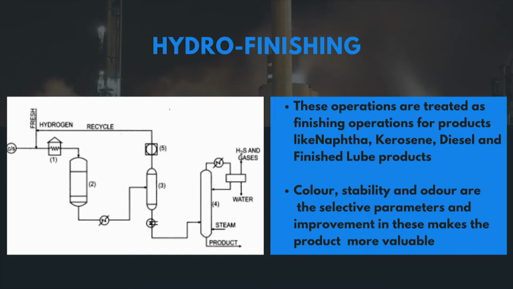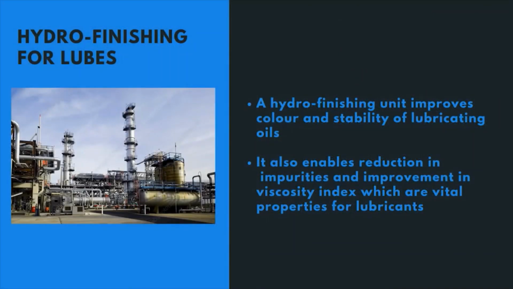We are also supposed to improve its color. If the lubricant has a turbid color or brown color, then market acceptance is minimal. In order for customers to accept them, lubricants need to have a bright color. The color improvement, odor improvement and stability are all addressed in the hydro finishing units. The hydro finishing unit improves the color and the stability of the lubricating oil. It also enables reduction in impurities and improvement in viscosity index, which are vital properties of lubricants.